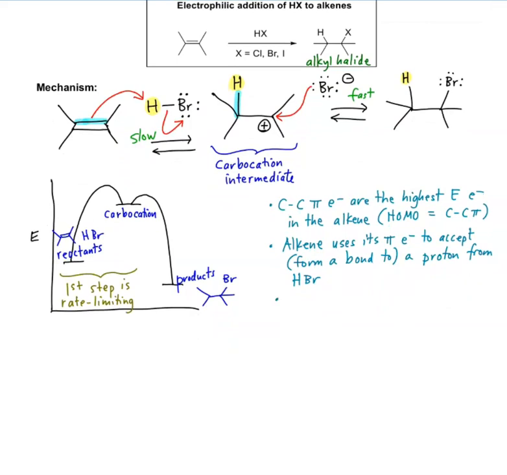When the alkene does this, a carbocation forms. So let's write this as when the alkene accepts the proton, a carbocation forms. The carbocation formation is the rate limiting step.